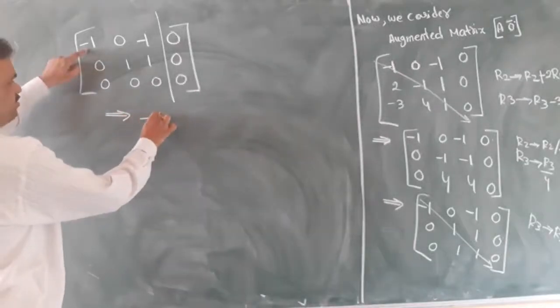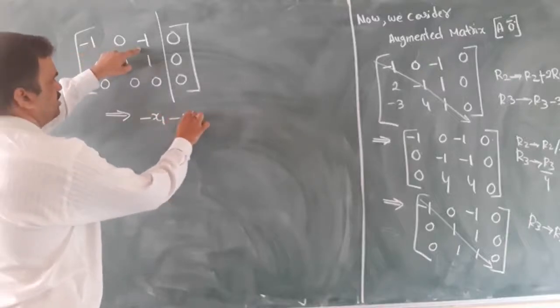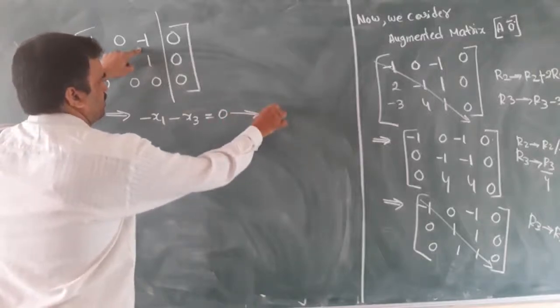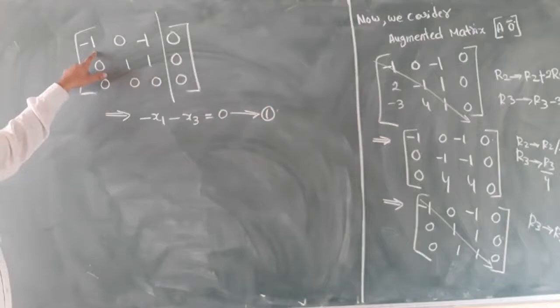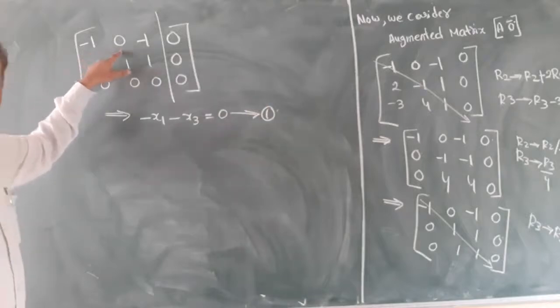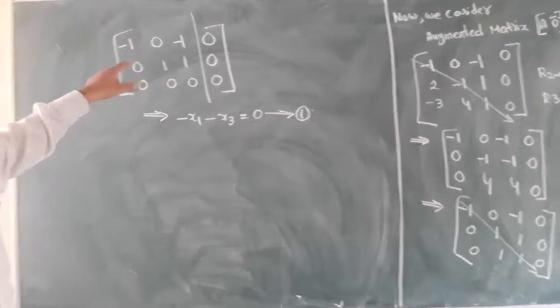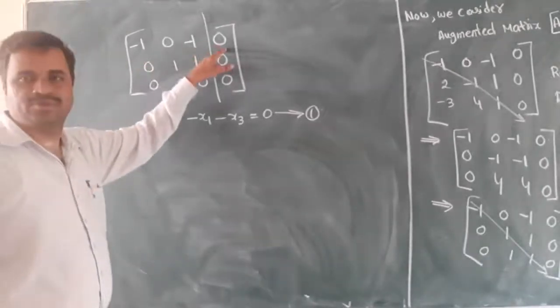Minus x1, 0 x2, minus x3 equal to 0. Equation number 1. Then minus 1 x1, 0 x2, minus 1 x3 equal to 0.